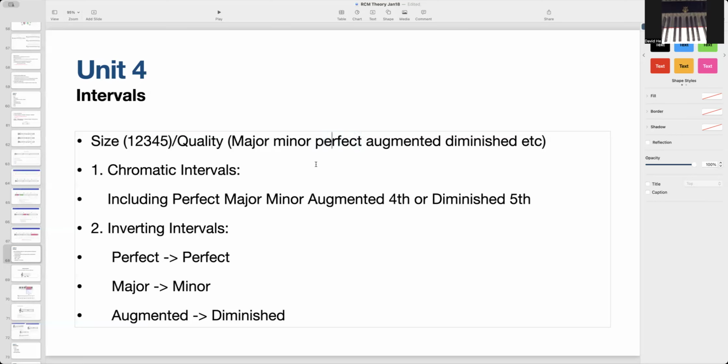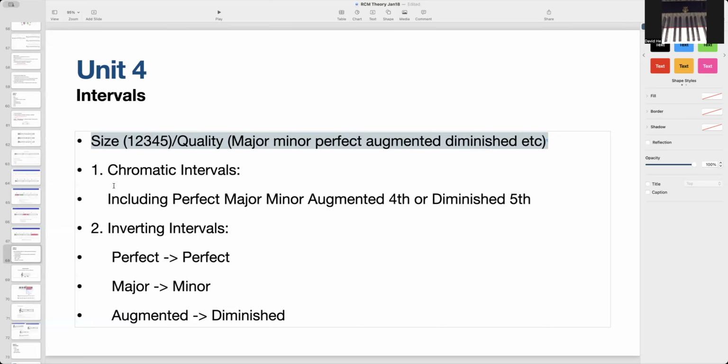It depends on each note, and you will get different intervals, but you have to say the quality and the size together. So how is that going to work in the exam? In the practical exam, you are performing something to the examiner.